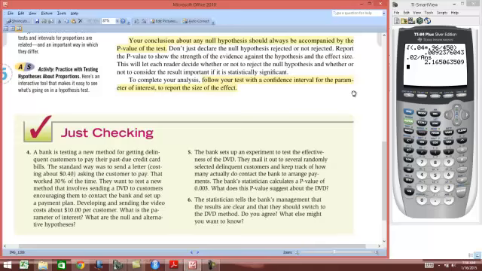The statistician tells the bank management the results are clear and they should switch to the DVD method. You agree. What else might you want to know? Well, you want to know what the increased rate is. You want to do a confidence interval to get some idea of what the actual new rate is, and then see if the increased number of customers paying brings in enough money to justify the much more expensive method of sending out a DVD.